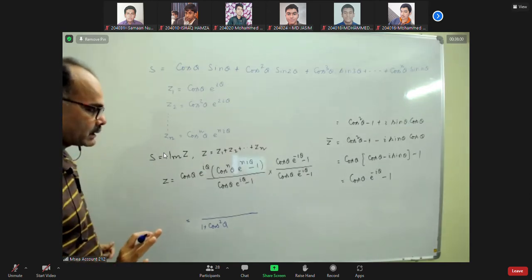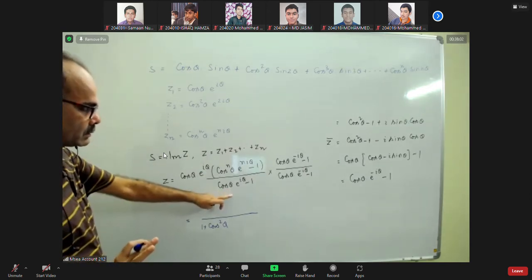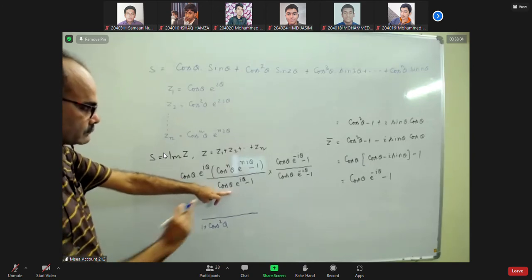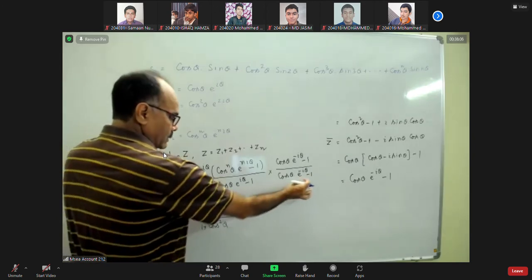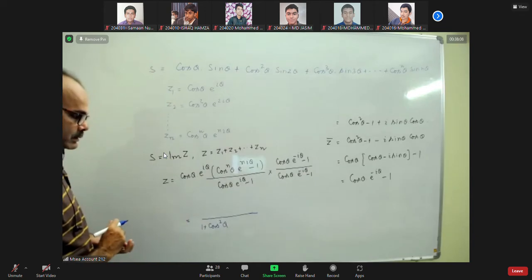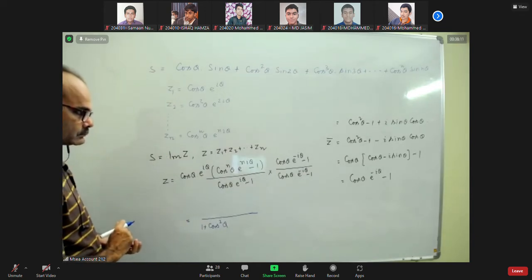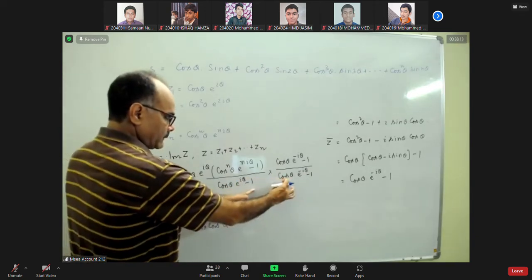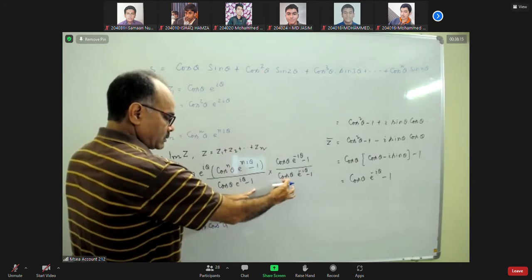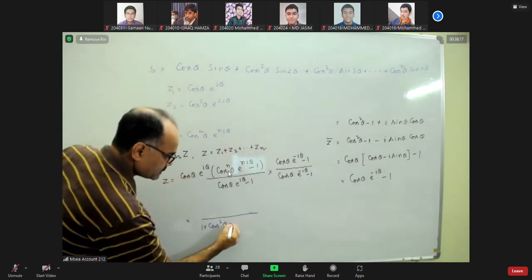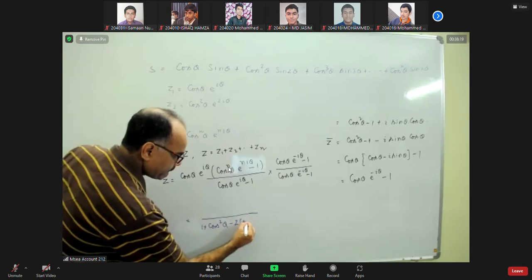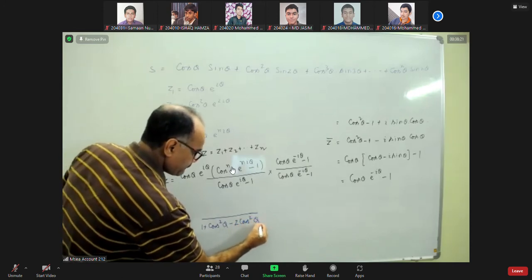I sin theta will get cancelled. This into this minus cos square theta, and this into this minus cos square theta minus 2 cos square theta. Once you check the calculation, is it correct?